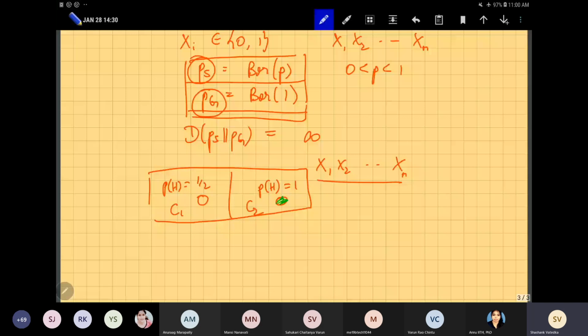And in some sense, this problem is sort of asymmetric, right? So if out of n tosses you observe even one tail, then you're perfectly sure that it has to be coin 1. It cannot be coin 2. Do you agree?